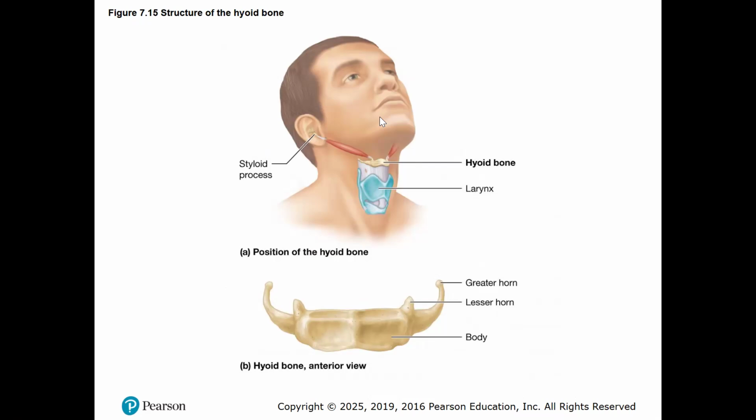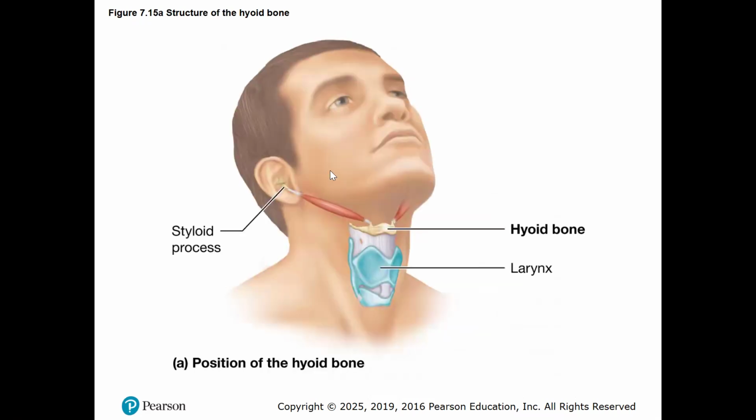Then we have your hyoid bone, which is the only bone, believe it or not, that is not part of the skull, and it really does not articulate with any other bone in the body. It's kind of suspended in the neck by muscles and ligaments that attach it here on the anterior aspect of the neck, and it's important for attaching different muscles, including your tongue, and allowing the swallowing and speech process.